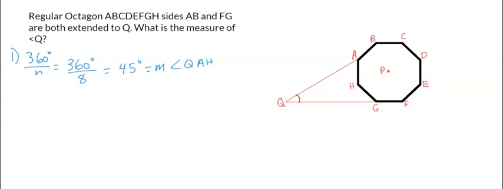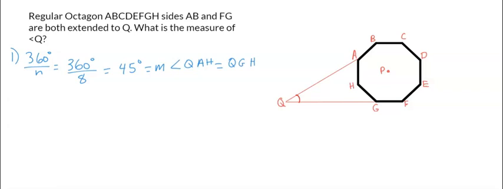So this is our strategy to find the interior angle of this quadrilateral, QAHG. So 45 degrees is equal to the measure of QAH, and also is equal to the measure of QGH.